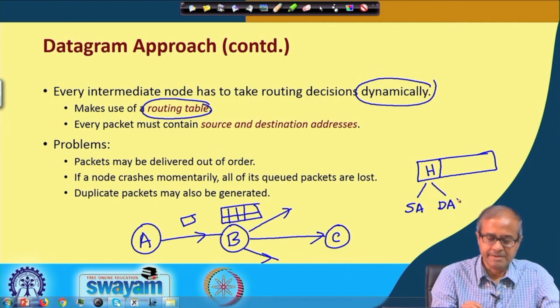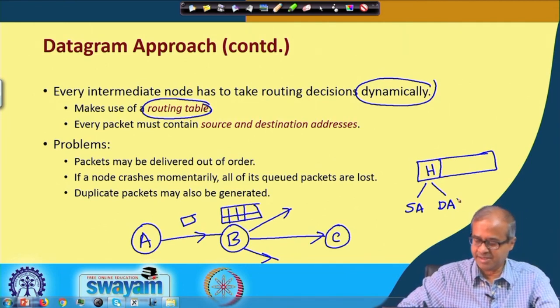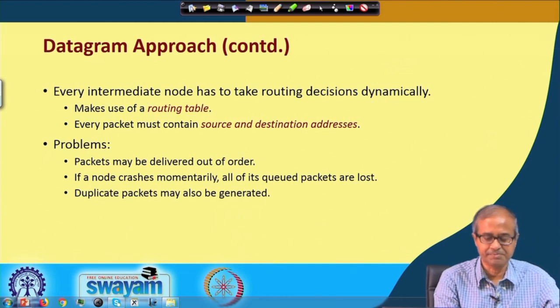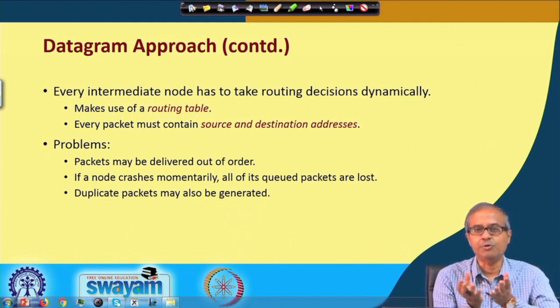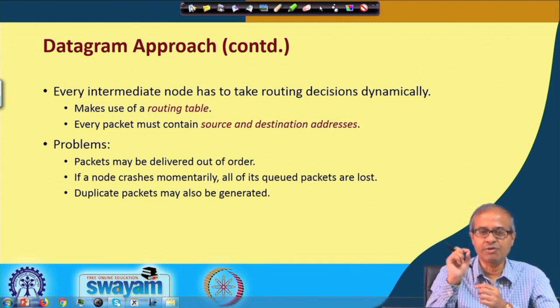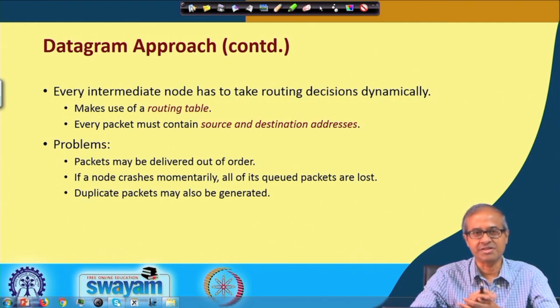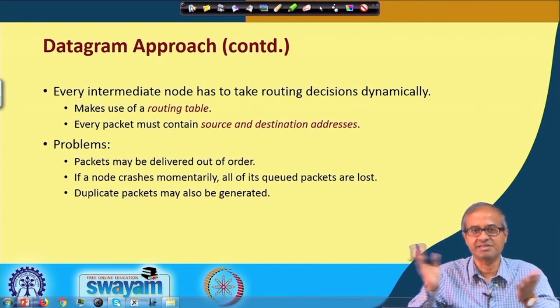Now, just like the normal postal system, here there can be some problems. When you post letters, there is no guarantee that the order in which you post them will be the order in which they are delivered, courtesy of the way the letters are sorted and delivered.